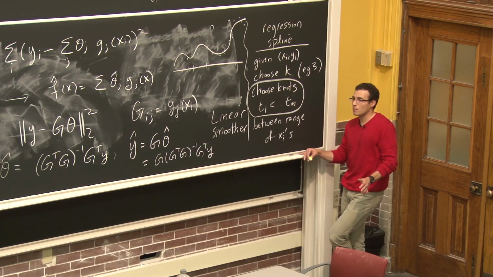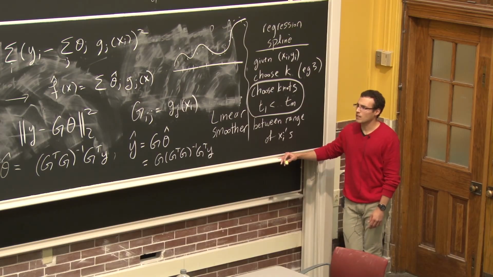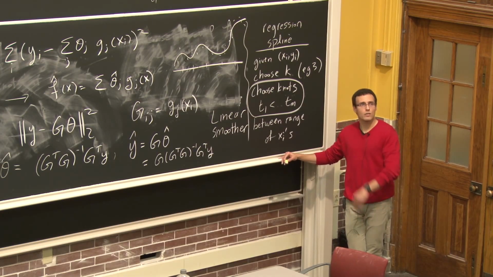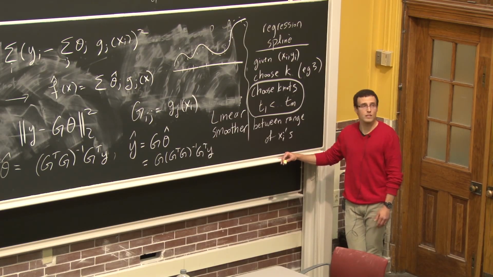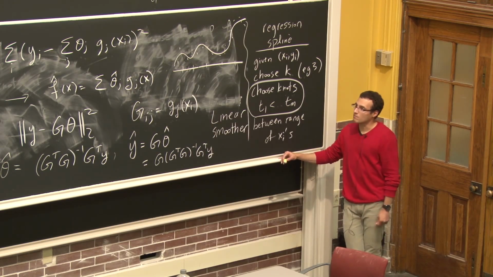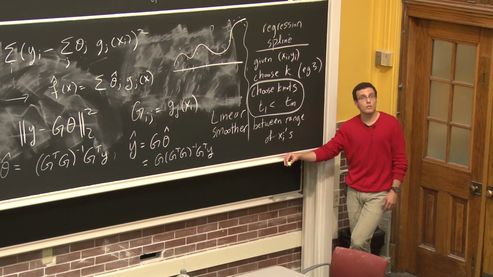Splines are very old. I think they date back to at least the early 1900s, and people had thought about splines in statistics as early as, say, the 1930s and 40s. Through the 50s, 60s, 70s, 80s, people thought about choosing knots. So how do I choose knots?